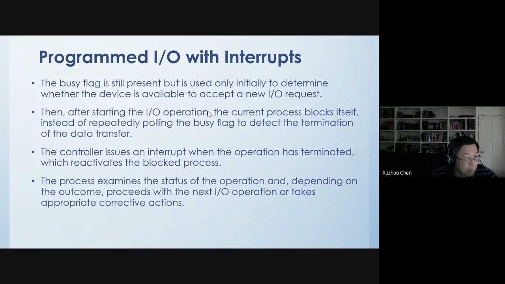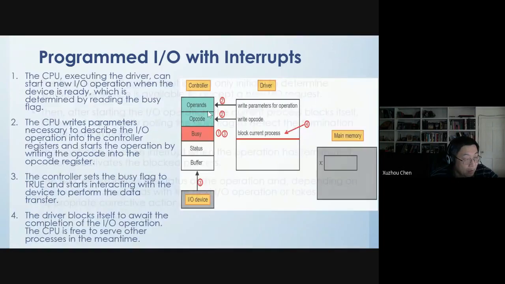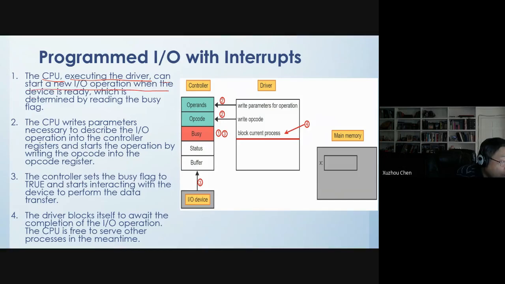So now you're going to see programmed I/O with interrupt. Okay, so the first step is still the same. The CPU executing the driver can start a new I/O operation when the device is ready, which is determined by reading the busy flag.